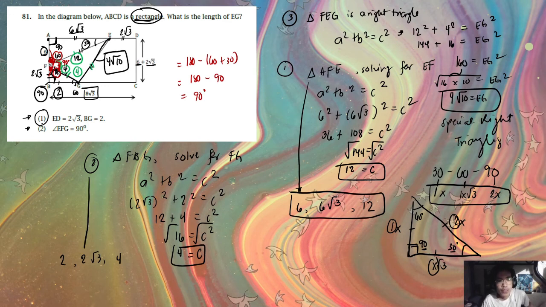And therefore, we solve the problem. Number 1 had sufficient evidence, but for number 2, try to look at this given. If we just rely on this being 90 degrees, and let's say the values for ED and PG were not given, then we would have insufficient data or evidence to find the value of EG.